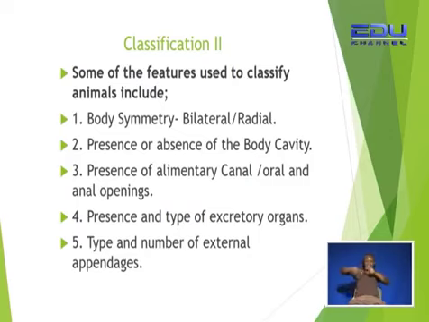Presence of the alimentary canal. Some of them have oral canals or oral cavity. Others have anal openings. Presence and the type of excretory organs. Different living organisms have different excretory organs, such as we use the kidney as our excretory organ. Type and number of external appendages.